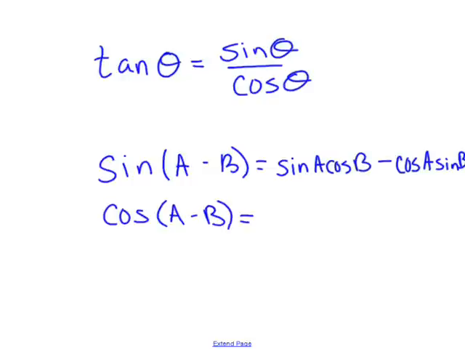Cosine of a minus b is just, remember cosine does both cosines at the front, so cosine a, cosine b, and then it switches signs. So since this is minus, this is going to be plus. And so then I have sine a sine b. All right, so if we recall those properties, then the proof will be a little bit easier to follow.